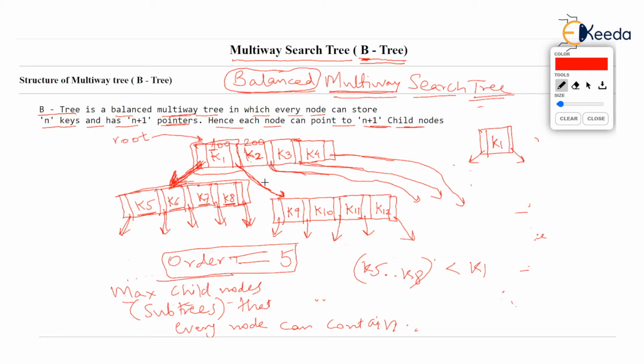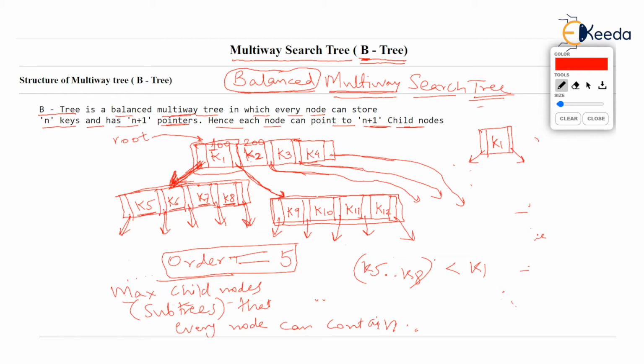Then which keys can be stored in this node K9 to K12? You can store only those keys which are greater than 100 but less than 200. So you can store 110, 120, 130, 150. But you can't store 210 because it is greater than K2.